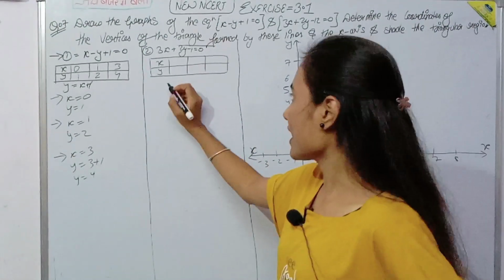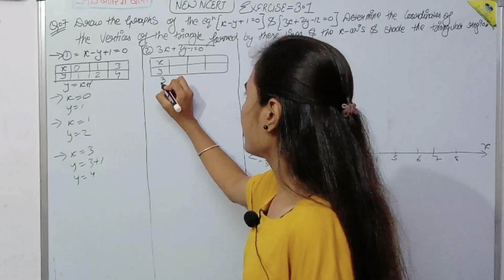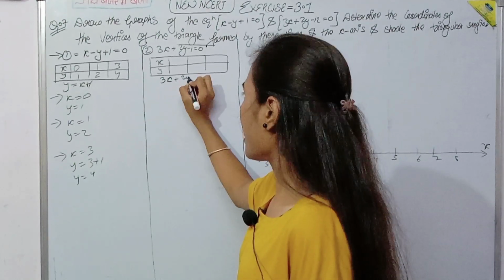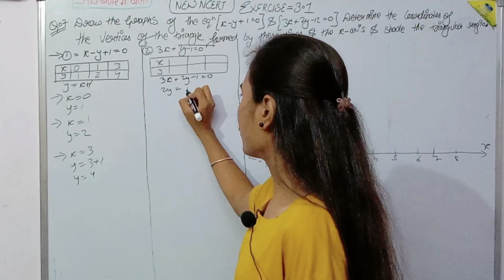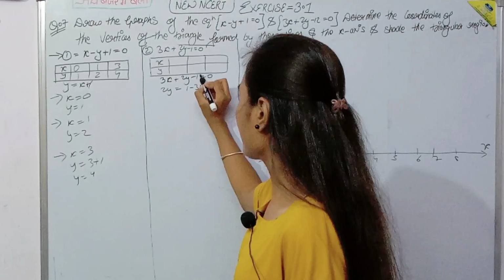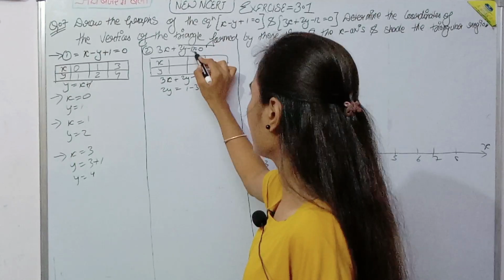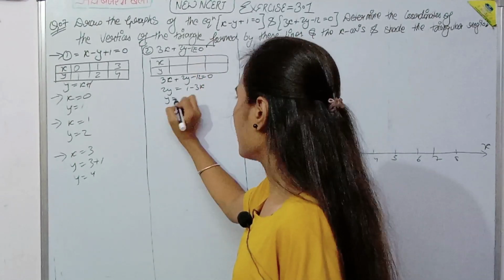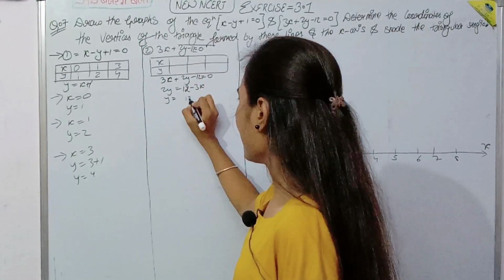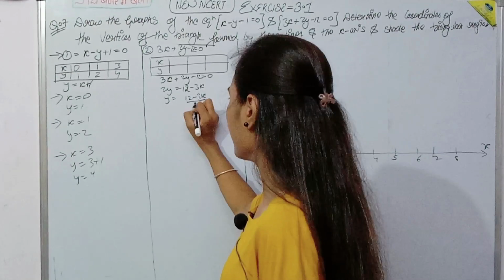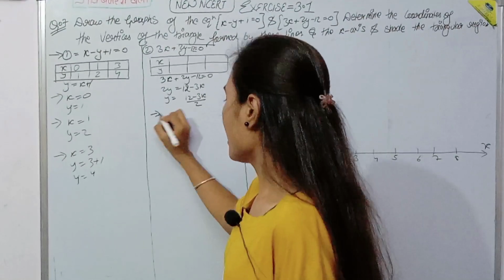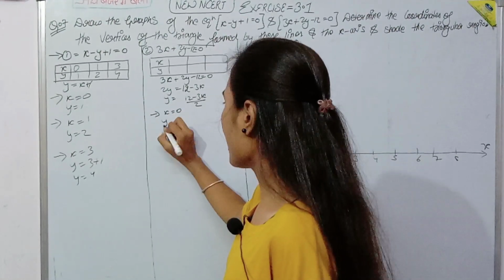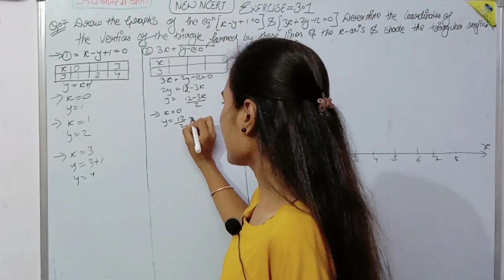Then the second equation, 3x plus 2y minus 12 equals 0, then 2y equals 12 minus 3x. So y equals 12 minus 3x by 2. Then put the value of x equals 0, then y equals 12 by 2, that is 6.